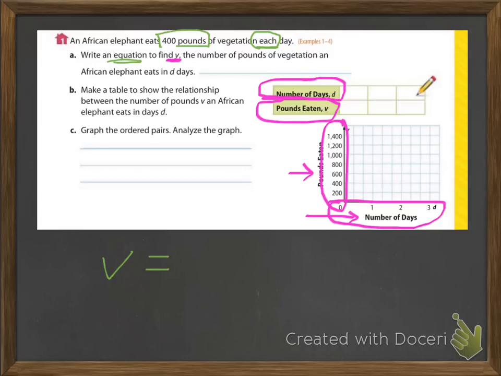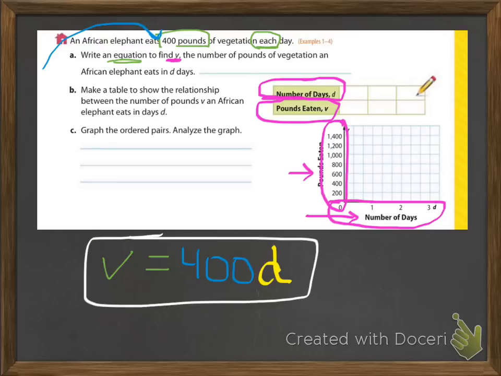It's going to be equal to that 400 that we got right here. 400 pounds per day, so 400 times D. So this would be what I would put on my first line where it says write an equation. V equals 400 times D. Since they eat 400 pounds each day, you want to have the number of days that they eat and so on, and then write the numbers in there.